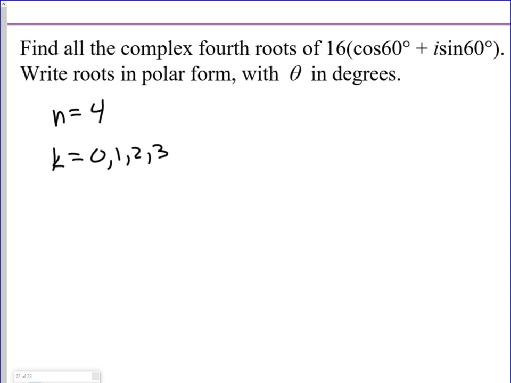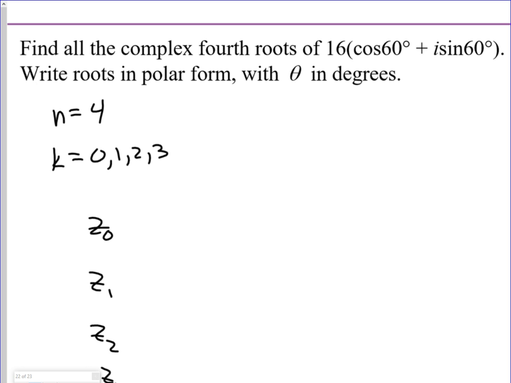So n will always be 4, except when I do the formula, I'll have to do one where k is 0, one where it's 1, a 2 for k, and then one where 3 is k. So I'm just repeating that formula 4 different times. So whenever you get this kind of problem, you have to do all 4 of them. Yeah, because how many roots are we looking for? 4, because it's the fourth roots. Okay? Questions on this? Go ahead.